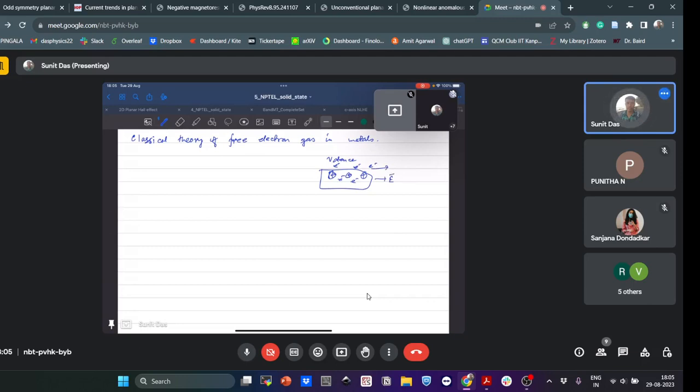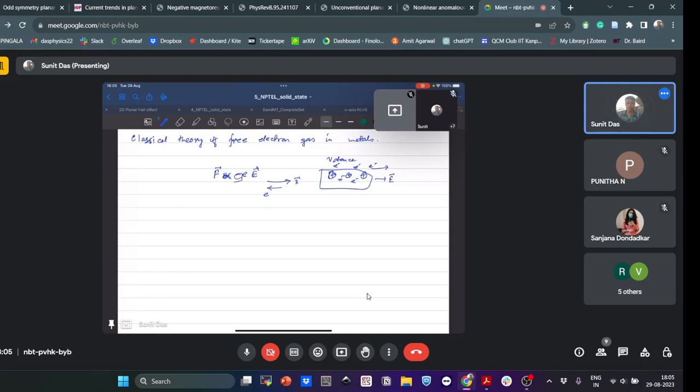If we apply an electric field, then a force develops which will be minus e times the electric field. If you apply the electric field in the x direction, let's say, then electrons will go in the opposite direction due to the negative sign of the electric charge.